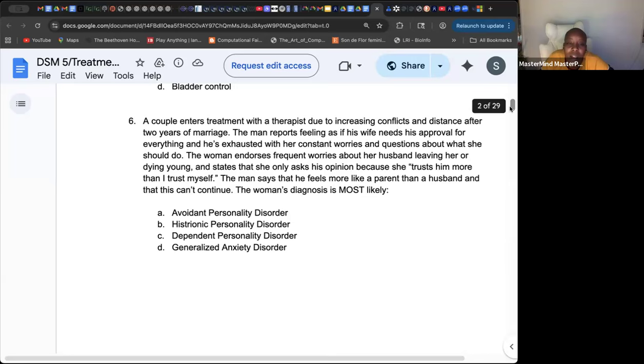The woman endorses frequent worries about her husband leaving her or dying young, and states that she only asks his opinion because she trusts him more than she trusts herself. The man says that he feels more like a parent than a husband and that this can't continue. The woman's diagnosis is most likely.